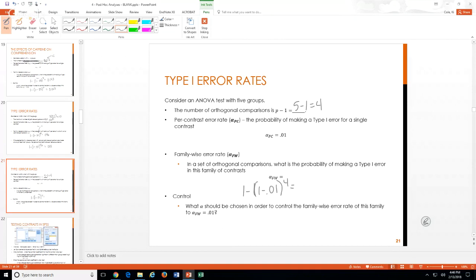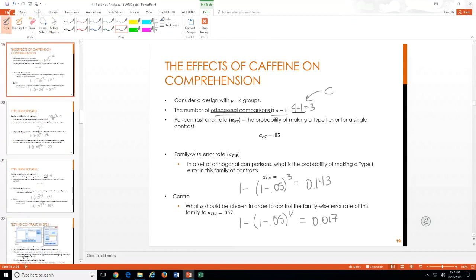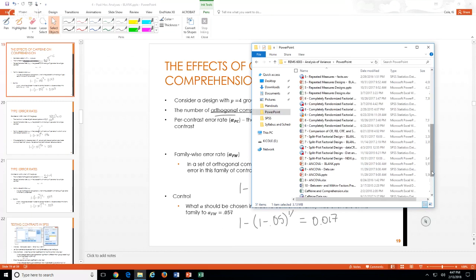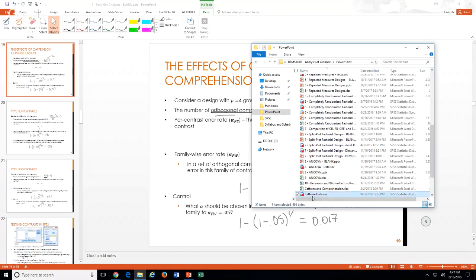Why not? It's 4. So P equals 5. What's the last? For this calculate. So we have this. Yes.